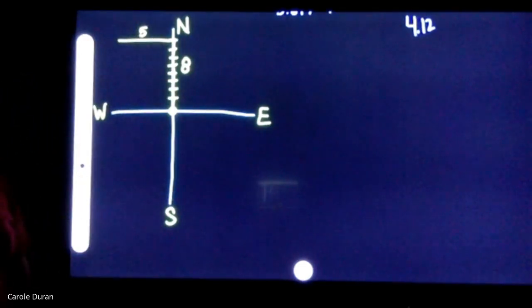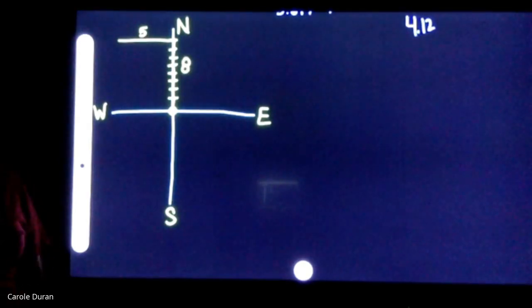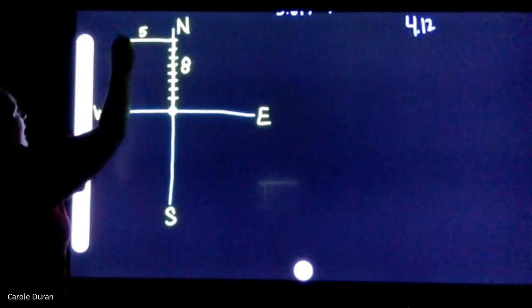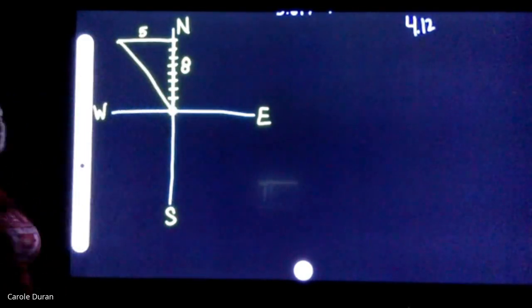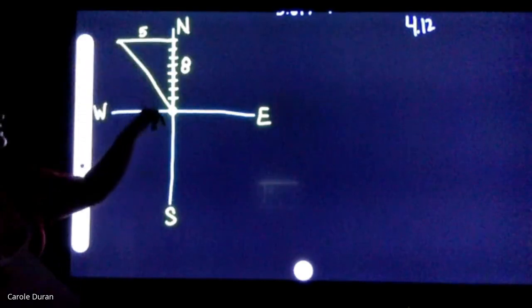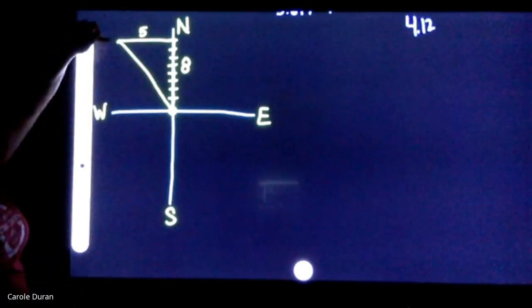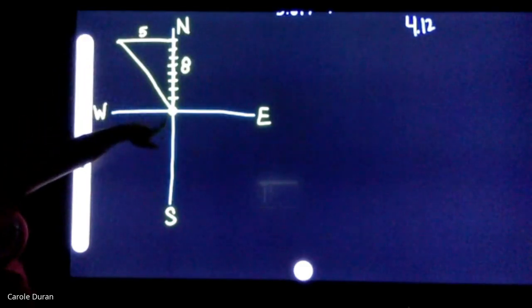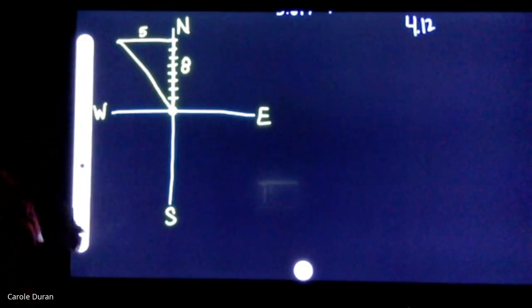So I ran 5 units to the left. Even though I don't necessarily have the ticks on the graph, that doesn't change the fact that I have measurements for these lengths, which means I'm going to use that 8 and that 5 to calculate this diagonal distance here, because it wants to know if I stopped here, what's the shortest distance I would have to run to return to where I started. And that shortest distance is always a straight line.